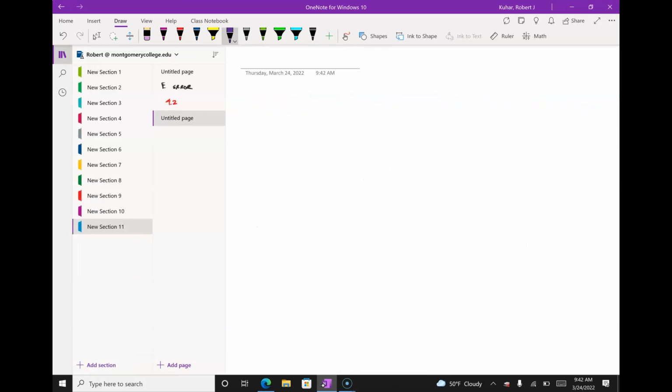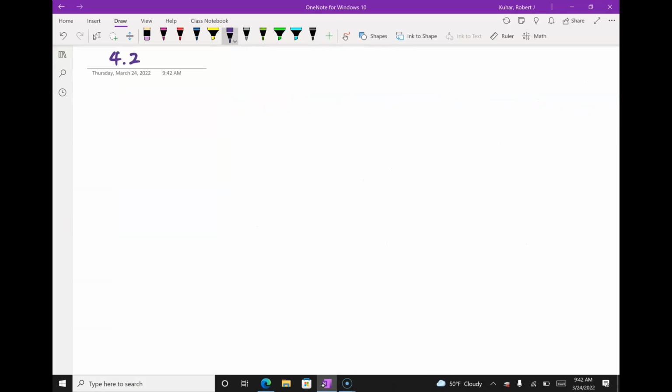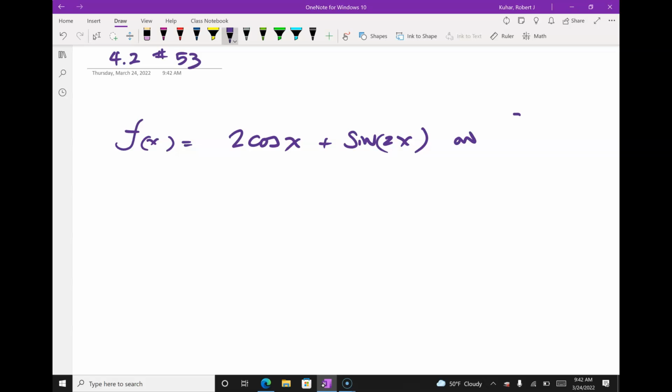So this is 4.2, number 53. f of x equals 2 cos of x plus sine 2x on 0 to pi over 2. I mean, pretty easy to graph, right?